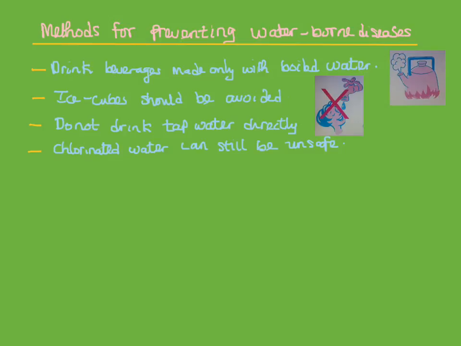As we earlier mentioned, when we were treating the methods of purification of water, we said chlorination is one of the techniques which can be used in the purification of water, and the use of chlorine will depend on the quantity of water. So if the chlorine is not properly used, it can still be unsafe.